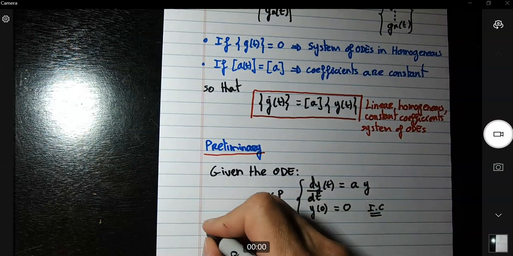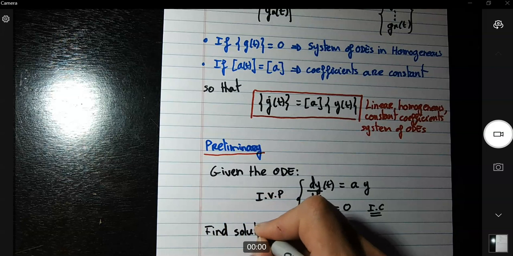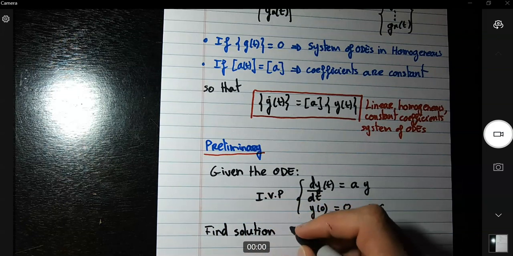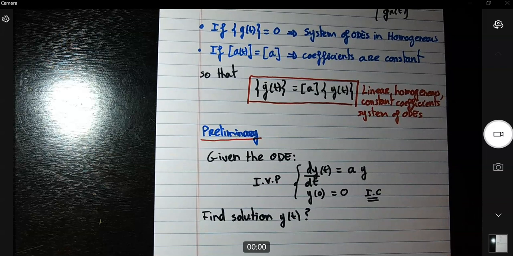So find the solution y of t. So basically solve the equation. Alright, so what is the function that when you take the derivative gives back itself?